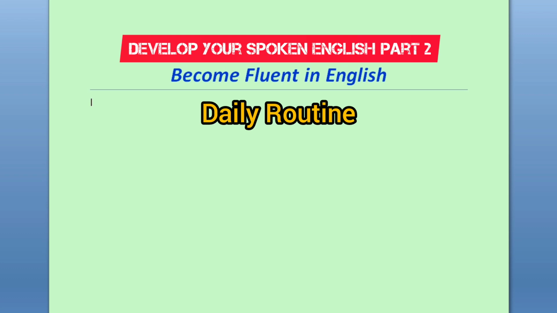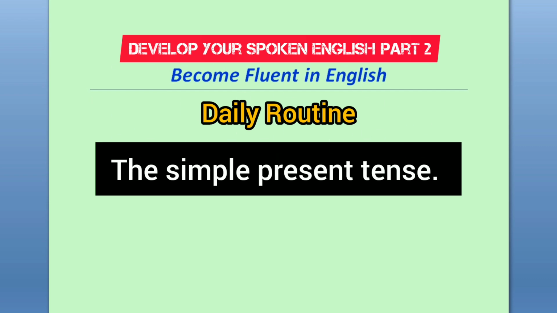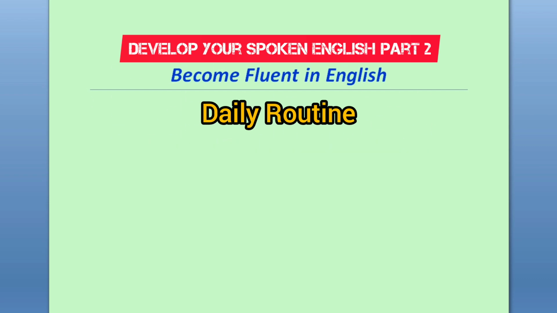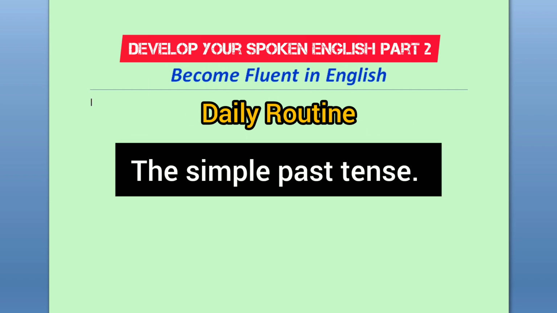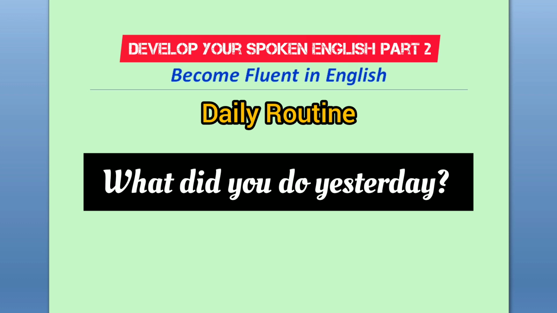So let me quickly recap. First, start with simple present tense, talk about your daily routine, okay? And after you have elaborated, you continue till night, okay? Then use the simple past tense and talk about what you did yesterday. Talk about yesterday's routine. Just use the simple past. Like I woke up around 7 a.m. yesterday morning.